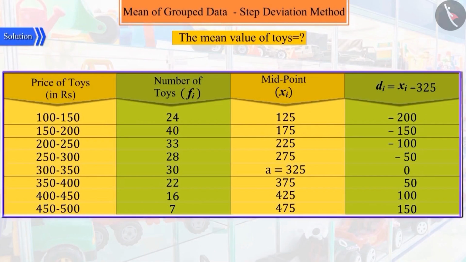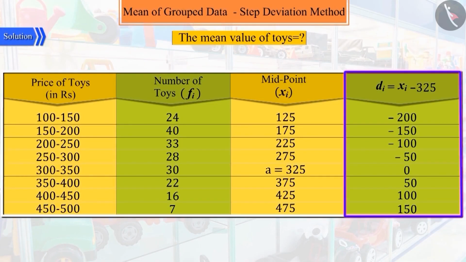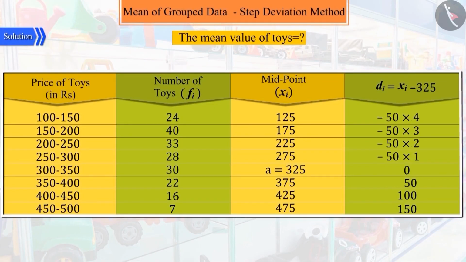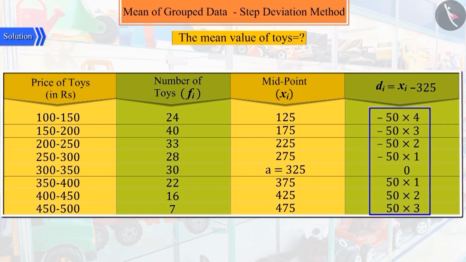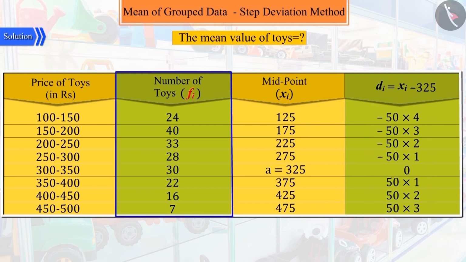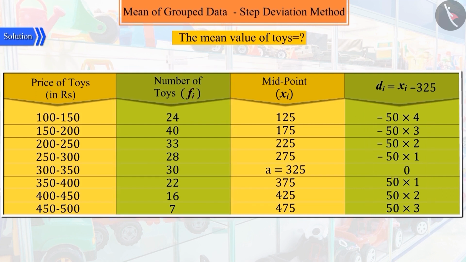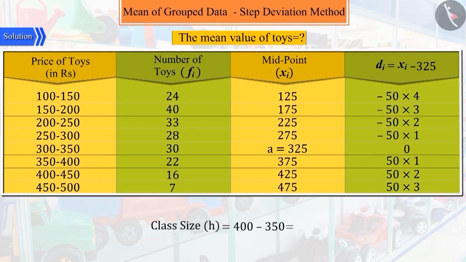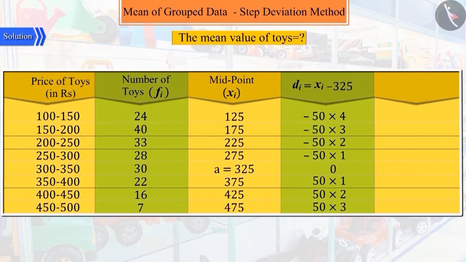Looking at the table carefully, we can say that all the values of column 4 are multiples of 50. If all the values of column 4 are divided by 50, then we get smaller values to multiply with fi, where 50 is the class size of each class interval, which we represent by small h.